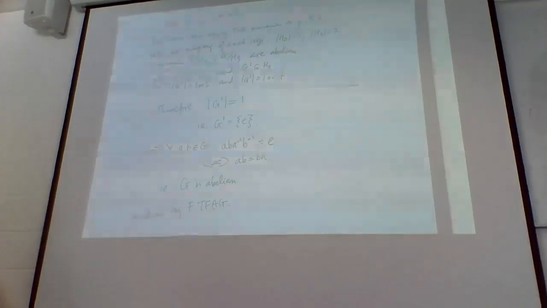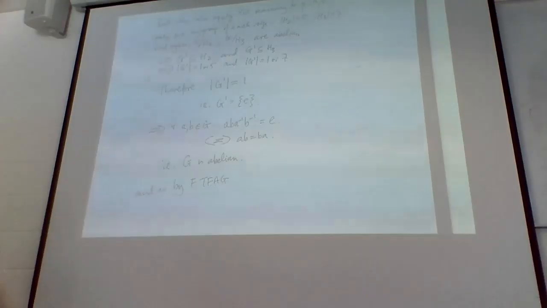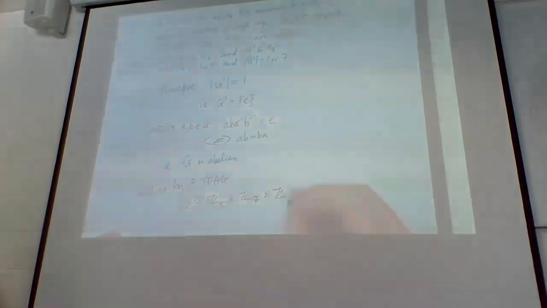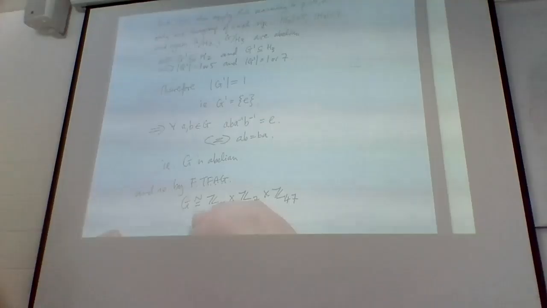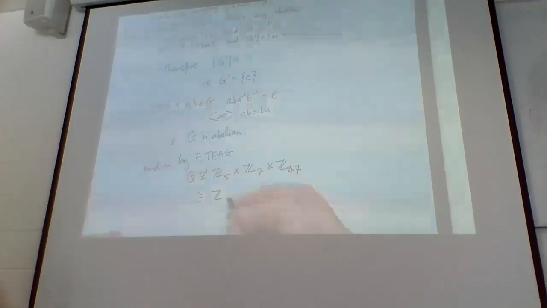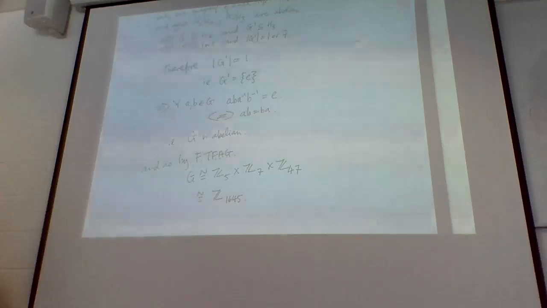It must break down into a direct product of cyclic groups coming out of the prime factors of G. But when you look at it, it's going to have to be Z5 cross Z7 cross Z47. These are all distinct primes, all pairwise coprime, so it's actually just isomorphic to Z mod 1645, the product of all these.